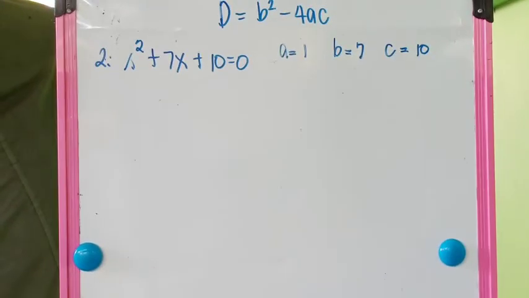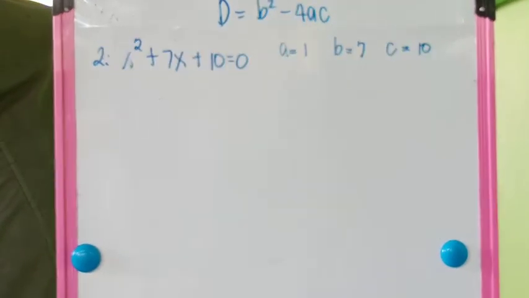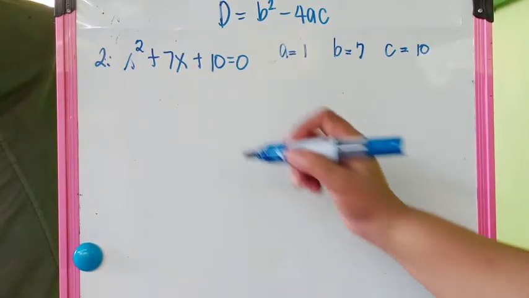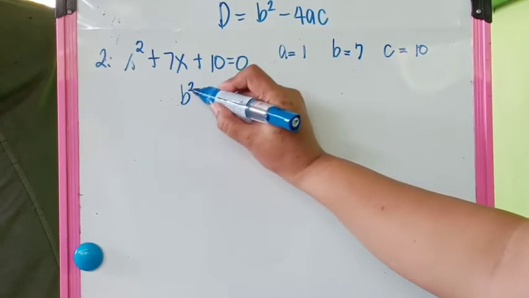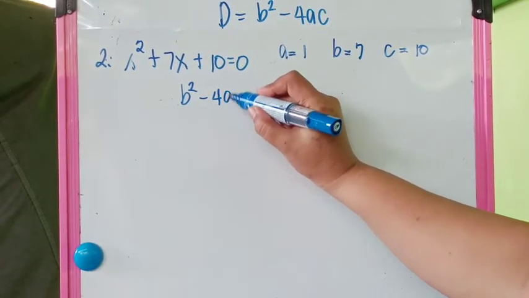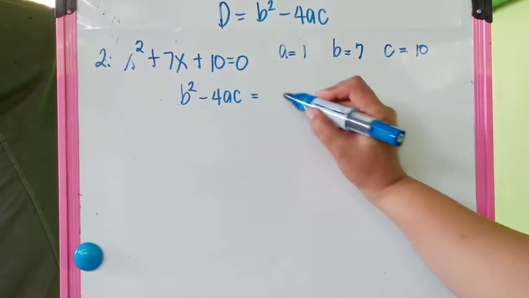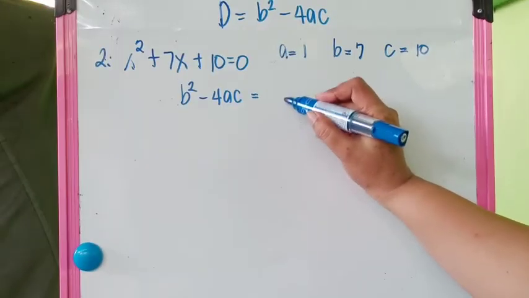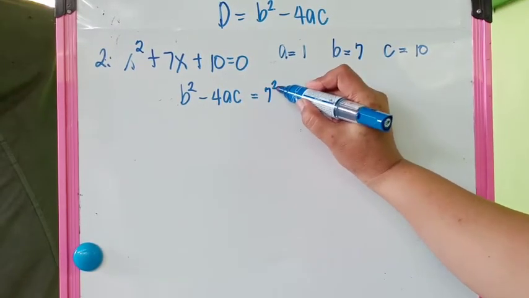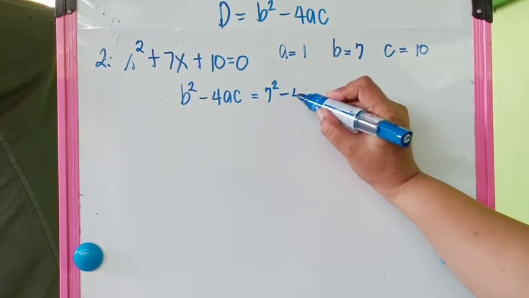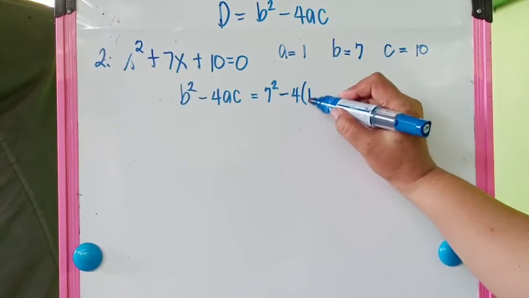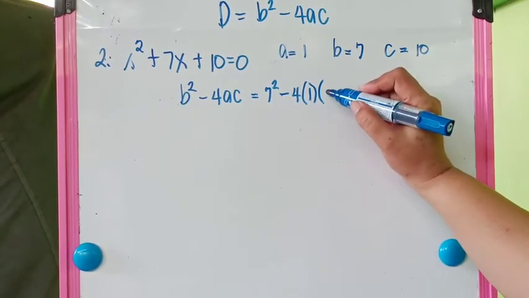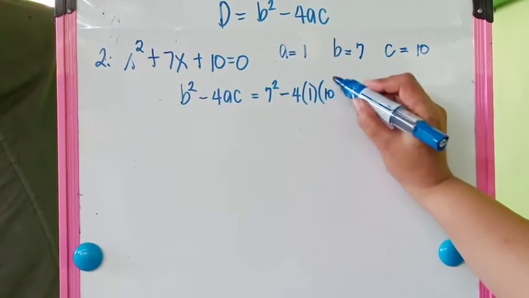So, I'll substitute 1, 7, and 10 in the formula b squared minus 4ac. So, we have now b squared, which is 7 squared, minus 4 times 1 times c, which is 10.